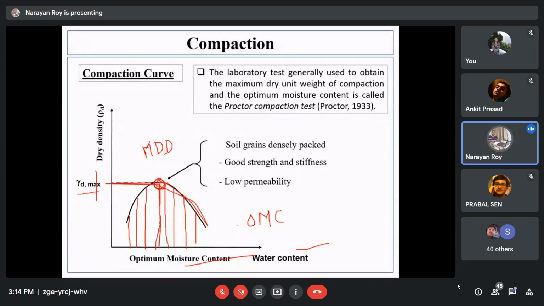This is a simple explanation for this kind of compaction curve. Later on we'll see a more rational explanation from the soil structure perspective, called the Lambe theory, a little later.